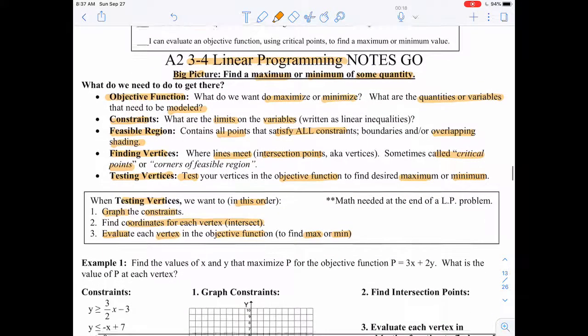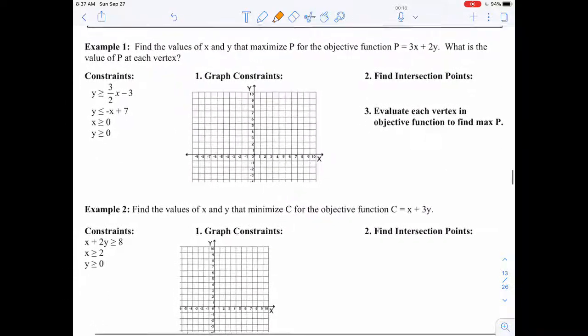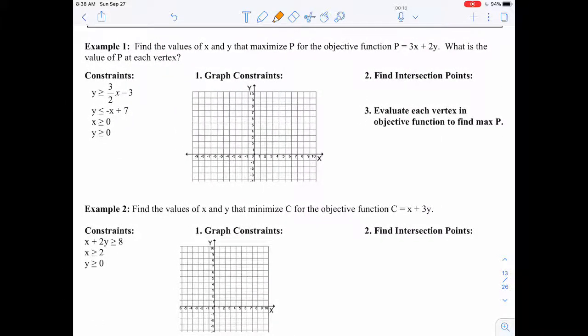We will first begin by practicing the last part of the problem. In this case, example 1 wants us to find the maximum p for the objective function p equals 3x plus 2. What is the value of p at each vertex?